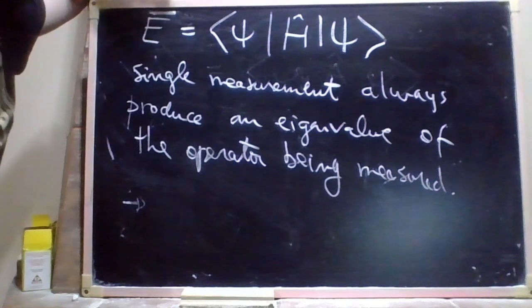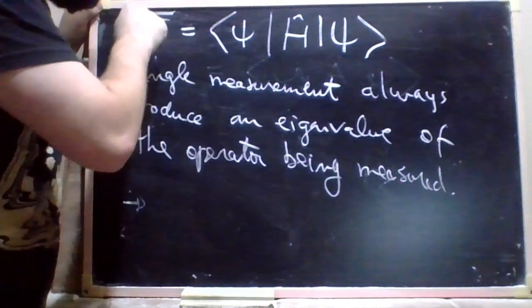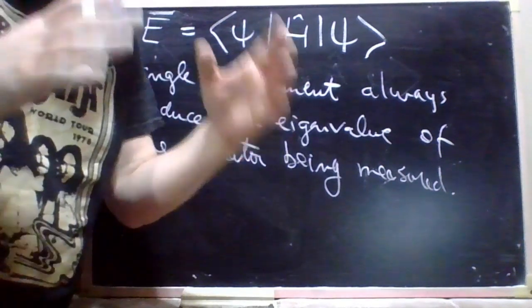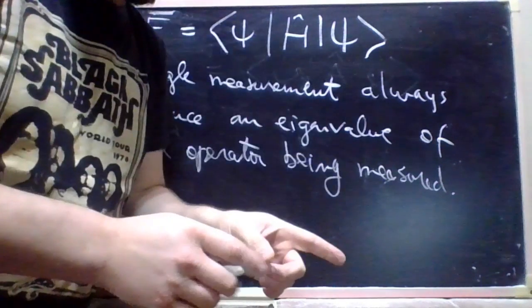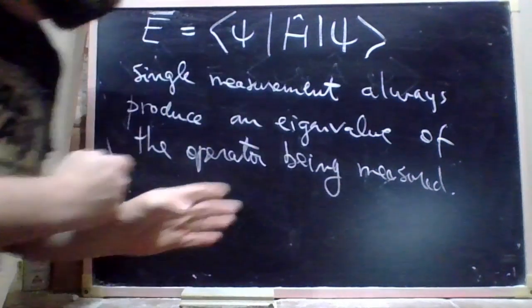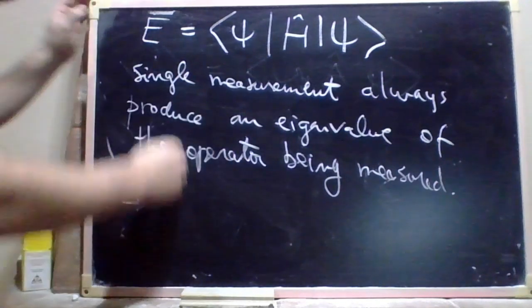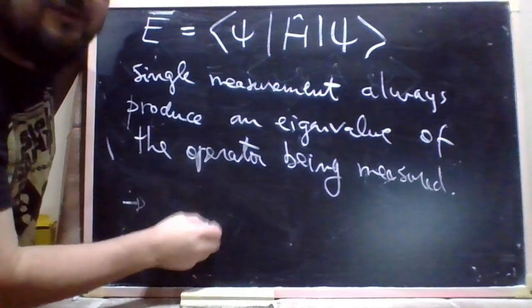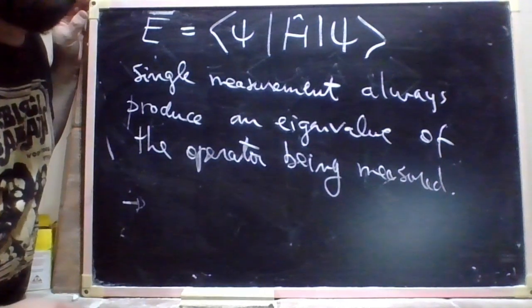So if you want to know in the real world how to obtain this average, you need to prepare an ensemble, an infinite set of systems equally prepared, and you measure independently each one of them, and you create a table of values, and then you can average the values you obtain.